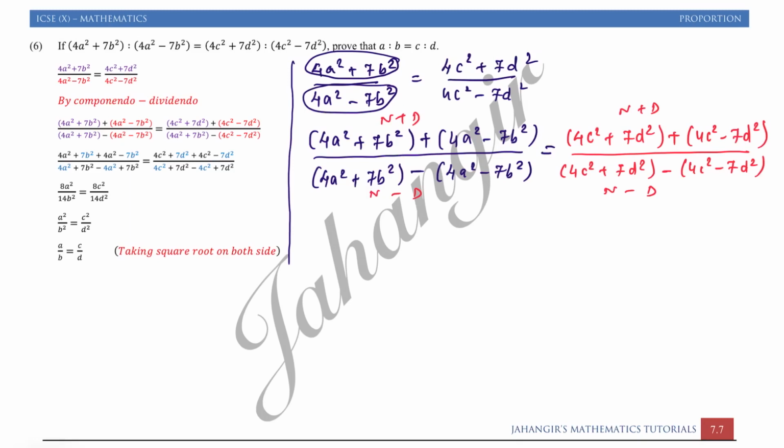Now open the bracket. You will get 4a square plus 7b square plus 4a square minus 7b square.